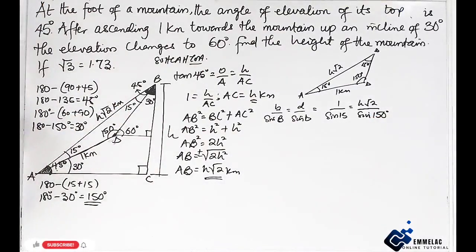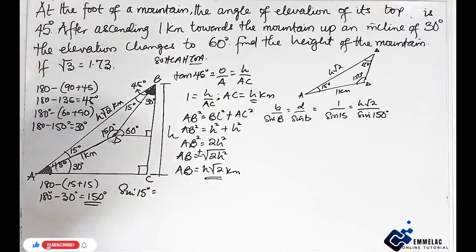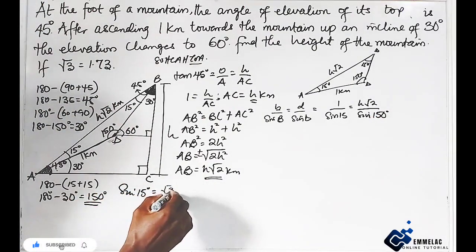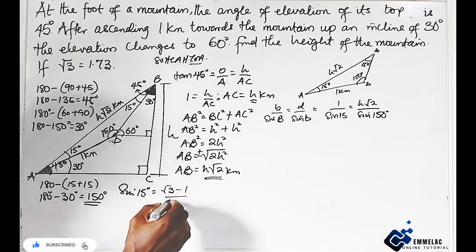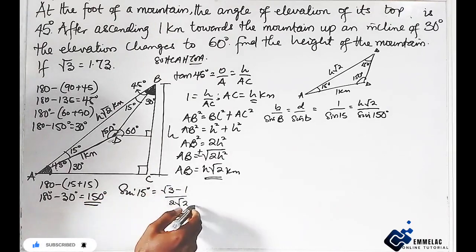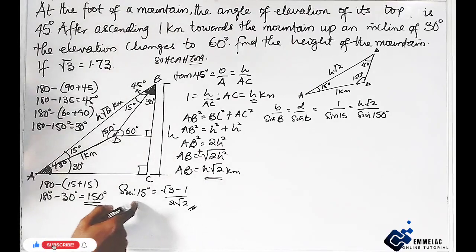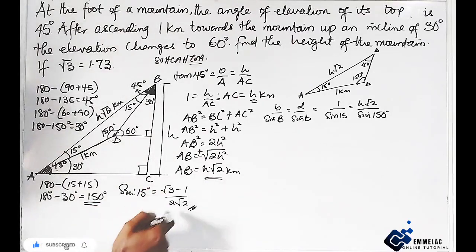Now let us understand that sine 15 is actually root 3 minus 1 over 2 root 2. The derivation of this, I did a video concerning it, and I'll drop the link in the comment section so that you get to know how sine 15 equals this value.